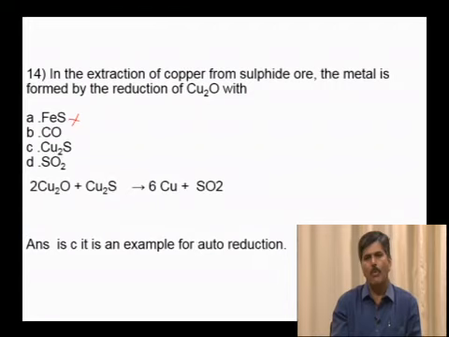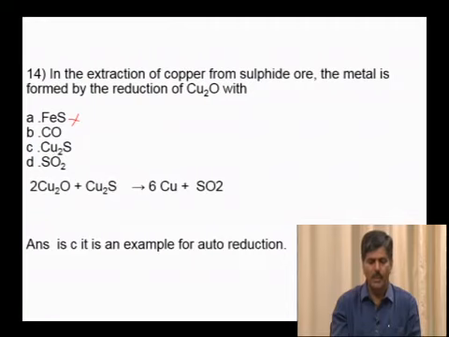The next one is carbon monoxide. Carbon monoxide is not used as a reducing agent in the extraction of copper. The next one is Cu2S. So, Cu2S combines with Cu2O, gives copper metal and sulfur dioxide. This is called auto reduction or self reduction.